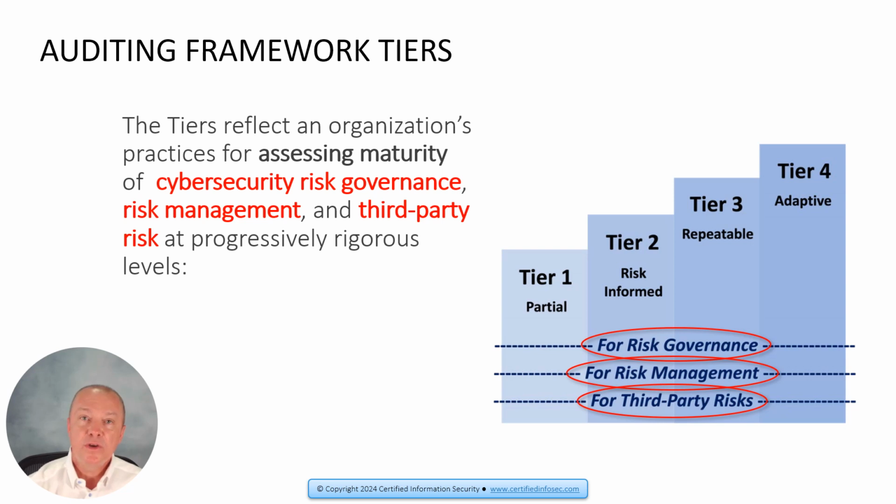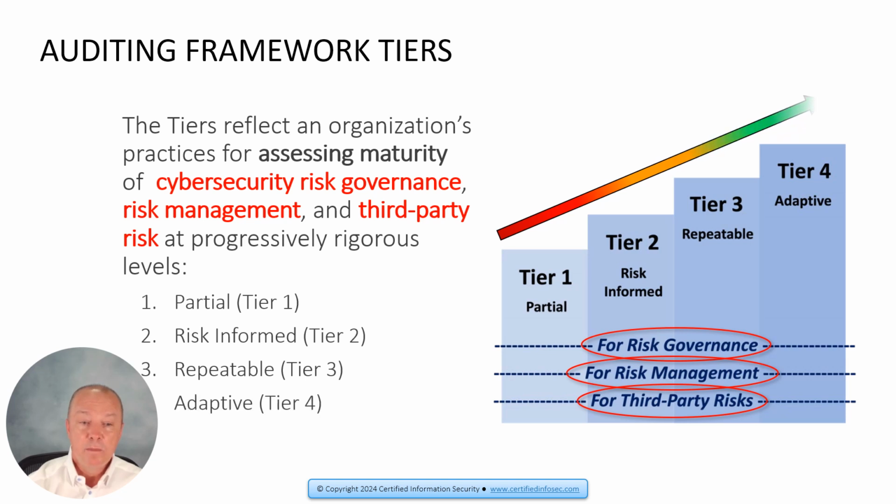Now, it turns out that there are different levels of maturity as to how well an organization actually practices core capabilities to effectively manage risk. So, tiers reflect an organization's practices for assessing the maturity of cybersecurity risk governance, risk management, and third-party risk at progressively rigorous levels. So we look at partial, risk-informed, repeatable, and adaptive.